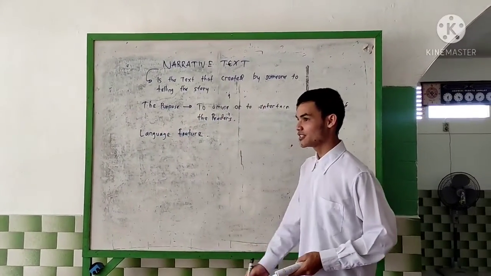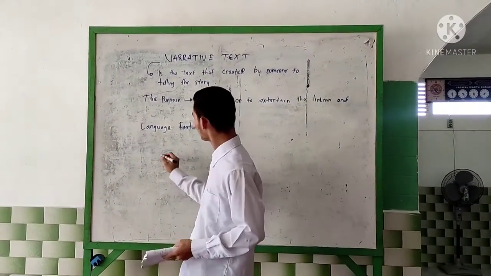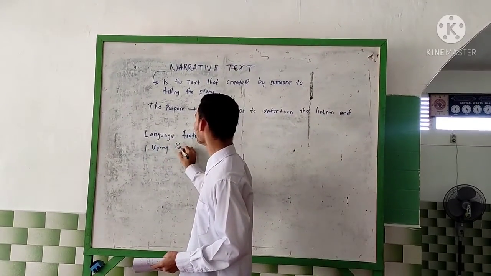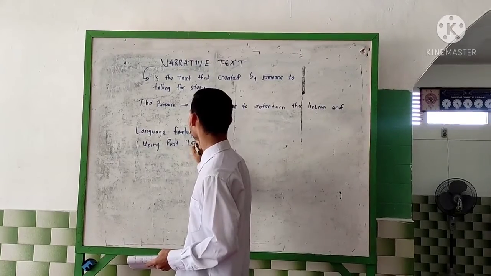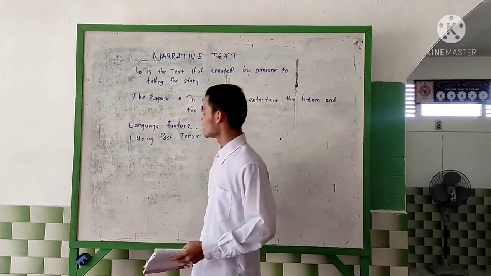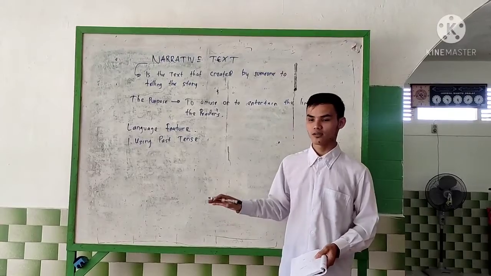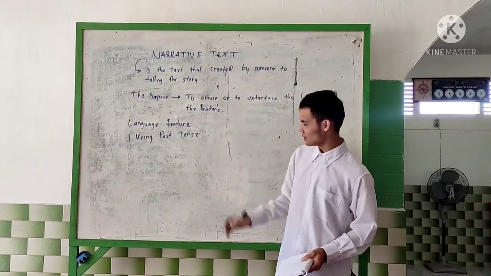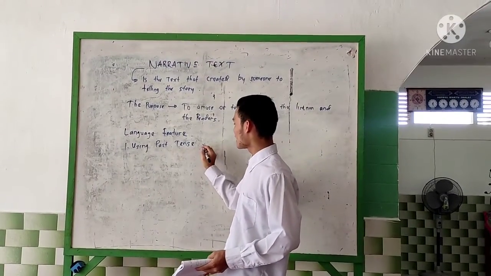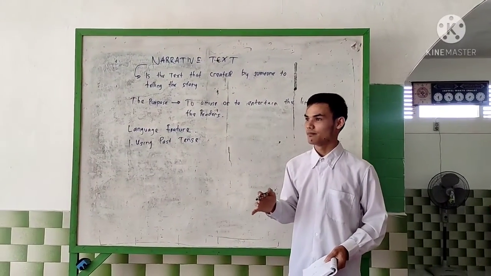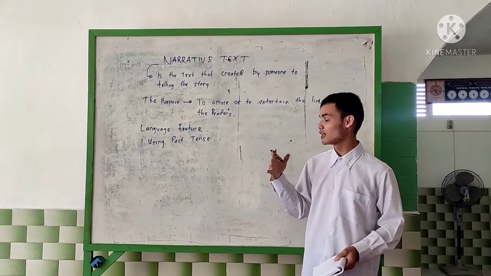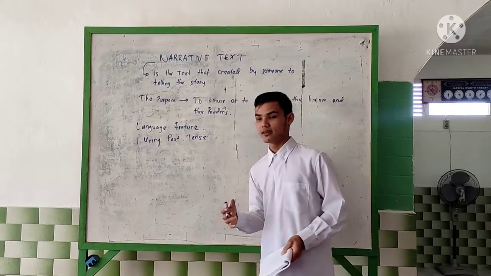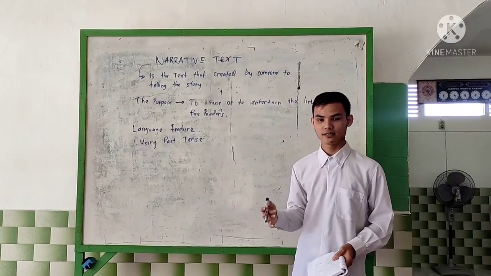So, the first is using past tense. Jadi, kalian tahu kenapa menggunakan past tense? No? Okay. Kenapa narrative text menggunakan language feature past tense? Karena narrative text itu adalah teks yang menceritakan tentang kejadian masa lalu.